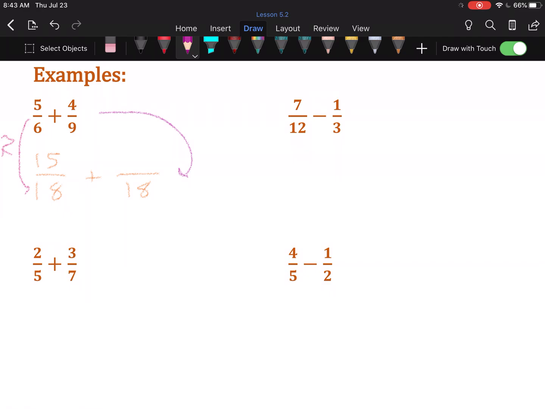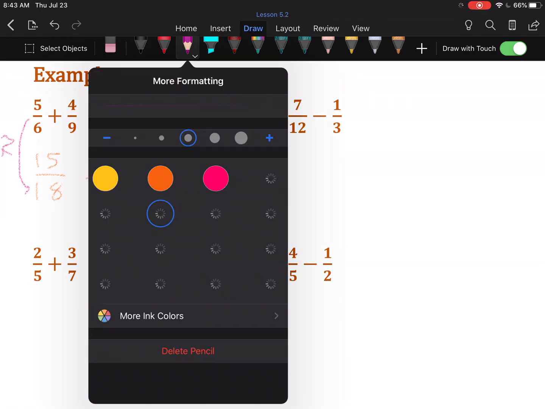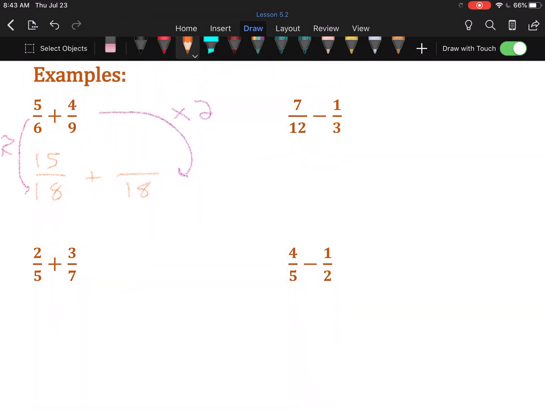How does 9 become 18 on the second fraction? Well, by doubling. 9 times 2 is 18. So we'll do that times 2 to the 4 on top. That's 8. 8/18 and 4/9 are the same thing. Now these fractions have a common denominator, we can work with it. 15 plus 8 is 23/18.